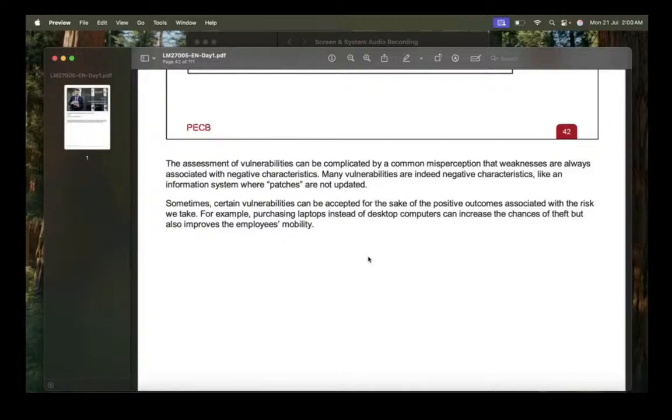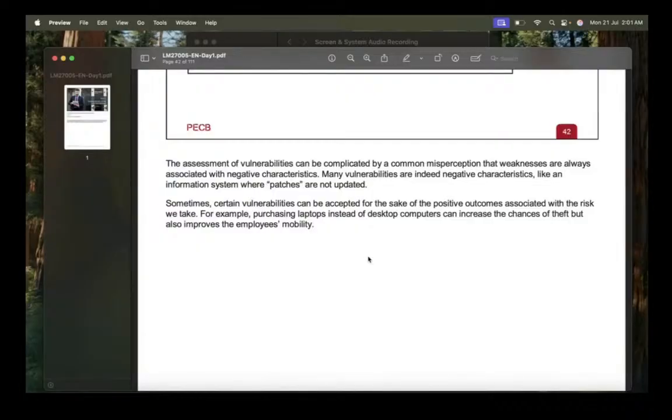There are situations where a vulnerability can be accepted for the sake of positive outcomes as well, with the risk that we take. There is a very simple example given here: purchasing laptops instead of desktop computers can increase the chances of theft, but it also improves the employees' mobility. So this is where we can say that vulnerabilities are not always negative. There is a risk attached to it if laptops are purchased instead of desktop computers.